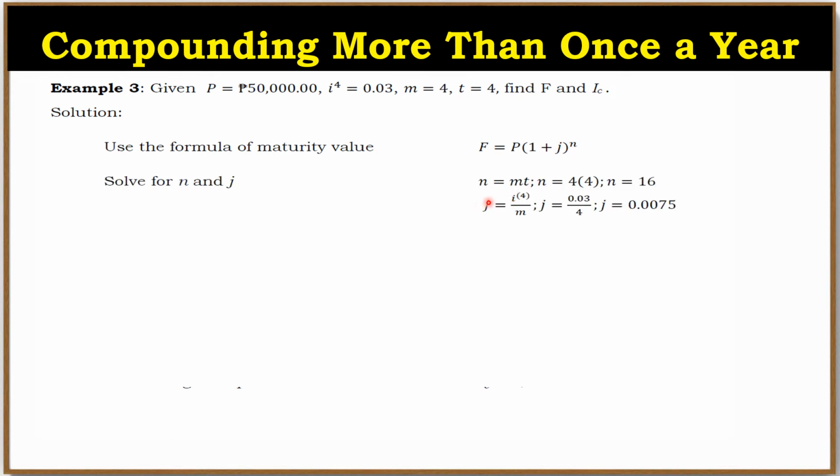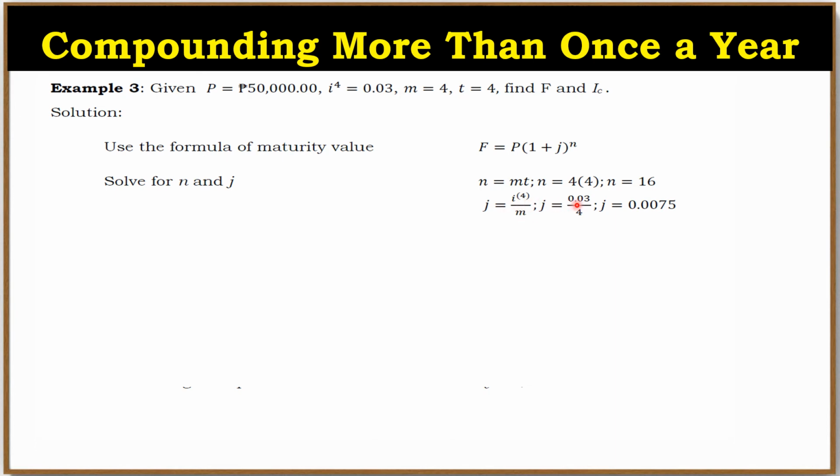And we'll have here n is equal to m times t. So our m again is 4. Came from here. And then our time is equal also to 4. So 4 times 4 is equal to 16. So using the formula, j is equal to i raised to the fourth all over m.